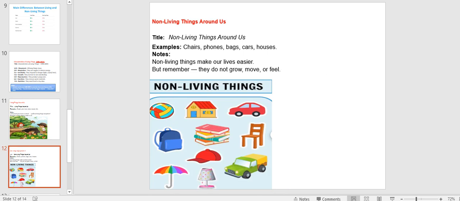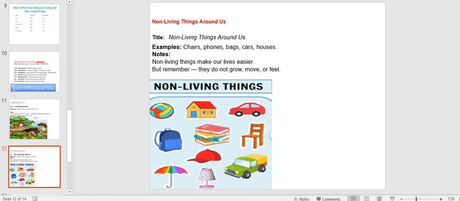Non-living things around us, we have the chairs, phones, bags, cars, and houses. All these are non-living things. Non-living things make our lives easier. But it's very important to remember they don't grow, they don't move, and they don't feel.